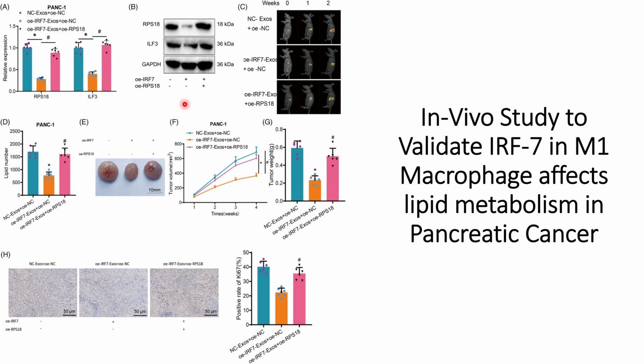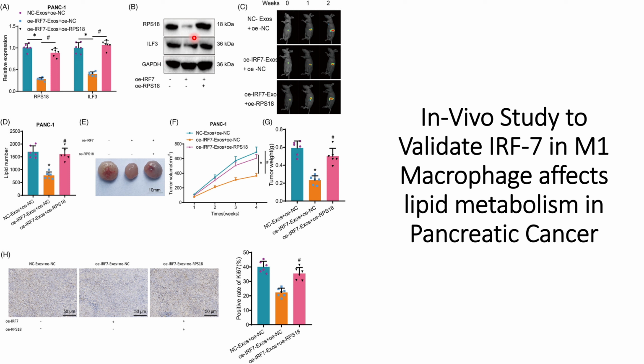These things they have also validated using the Western blot, where they can see that in the negative control, RPS18 and ILF3 are of almost the same intensity. However, they have not provided the quantification of the Western blot.